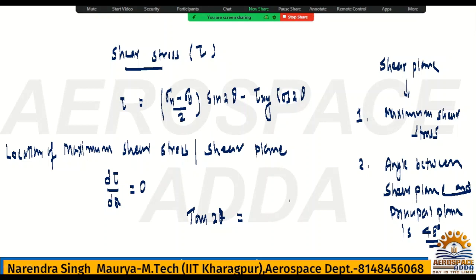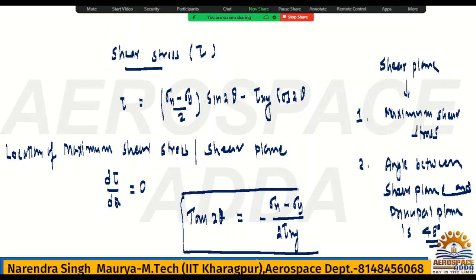It is nothing but sigma x minus sigma y divided by 2 tau xy. This is the value of tan 2 theta. Let me keep this in a bracket. This is for the SP, the shear plane.